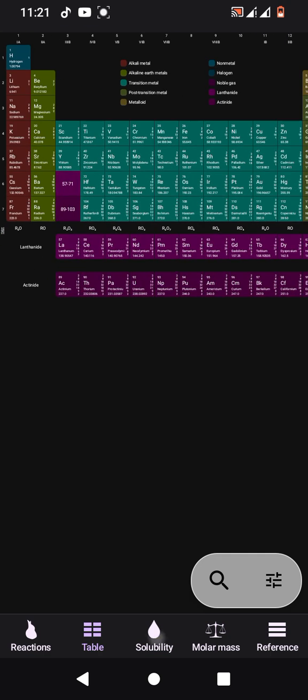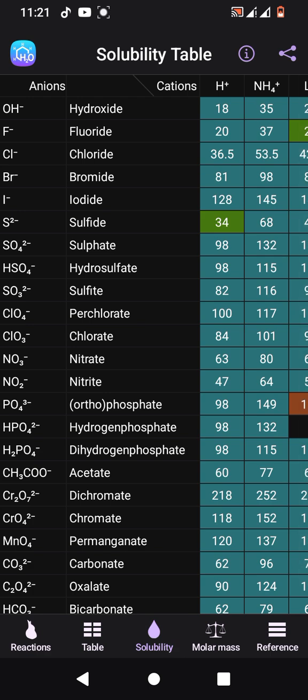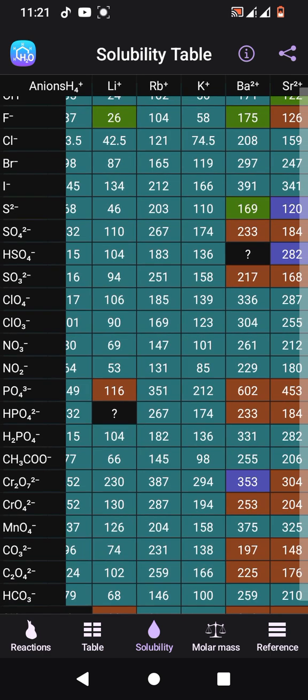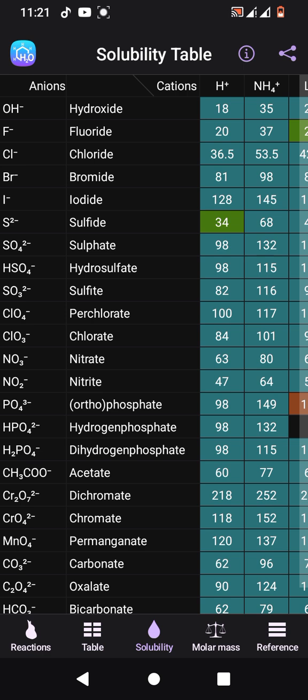So we have a table of solubility. So that's very useful, a very useful table in chemistry. This is a solubility series.